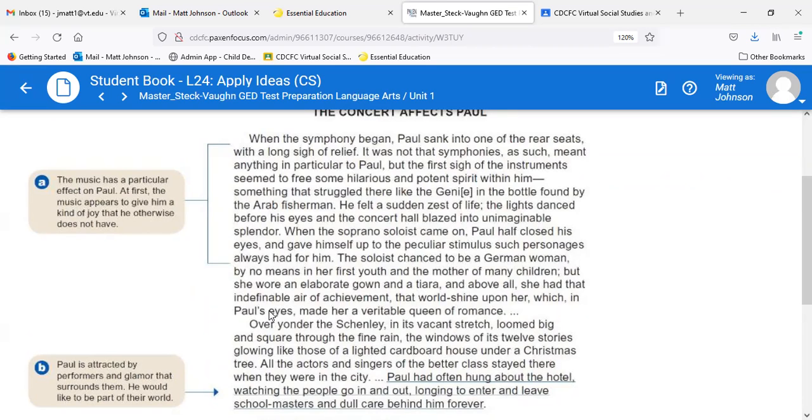The soloist chanced to be a German woman, by no means in her first youth and the mother of many children, but she wore an elaborate gown and a tiara, and above all, she had that indefinable air of achievement, that world shine upon her, which, in Paul's eyes, made her a veritable queen of romance.